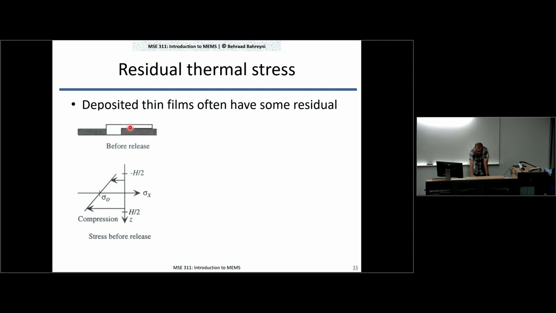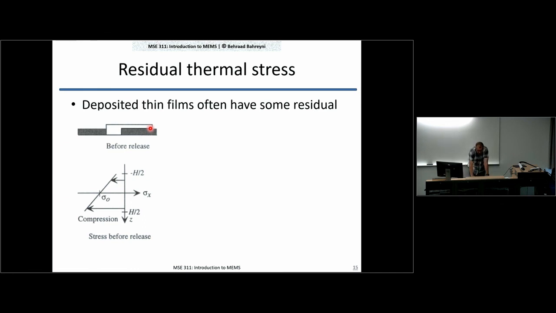As we are evaporating more and more material here, or it could be CVD or even sputtering, the region closest to the surface will be at the temperature of the substrate. As you move away from that substrate, if the process is hot, you will have slightly hotter and hotter regions in your beam. And therefore, once you're done with the fabrication, the temperature gradient that you have here, as you cool down the structure, will cause a different level of stress throughout that film.